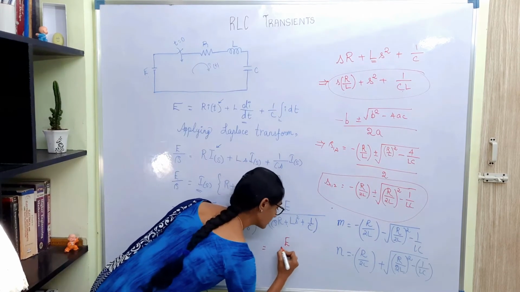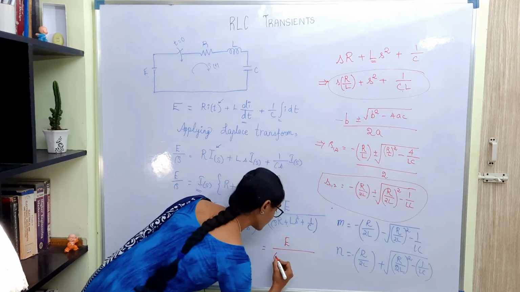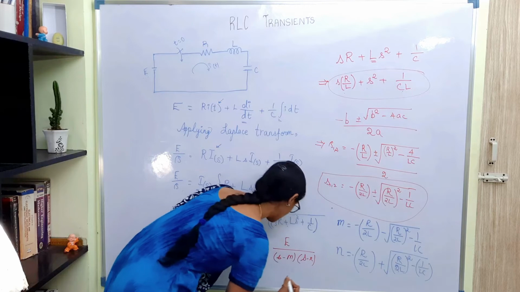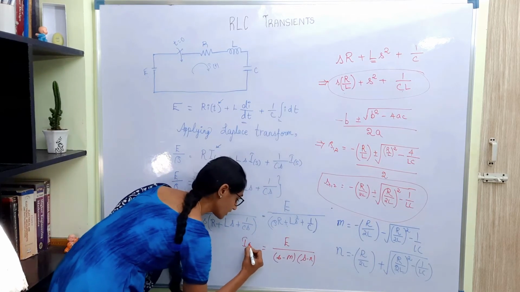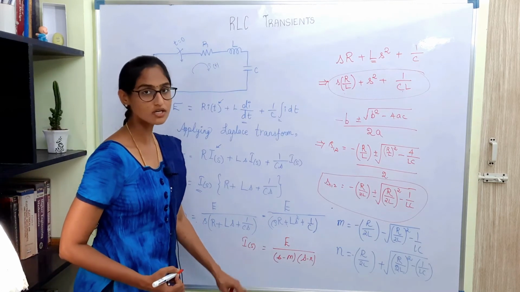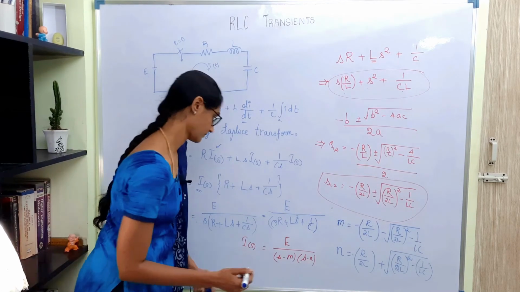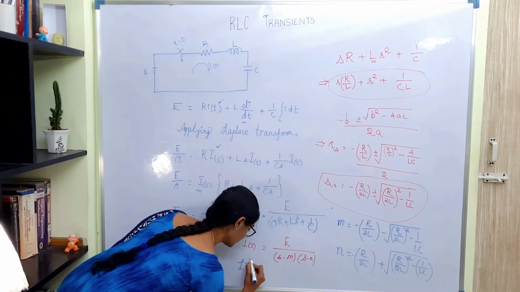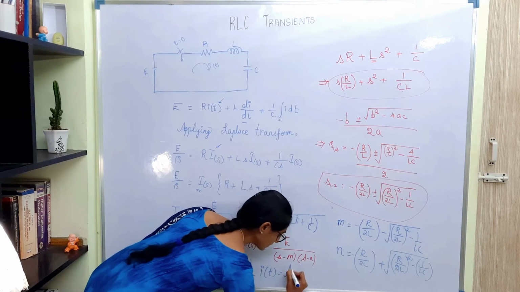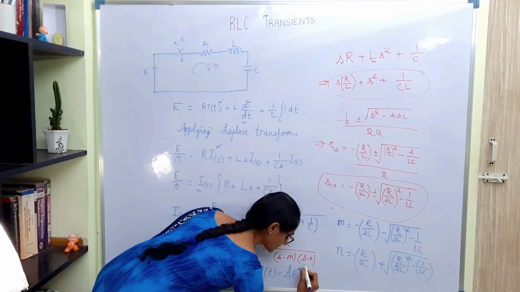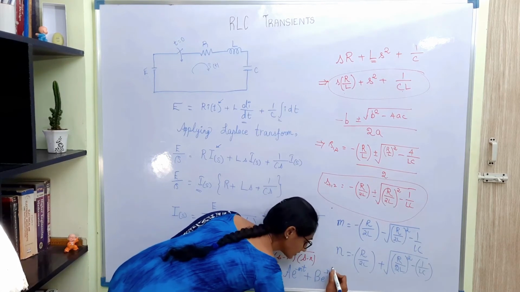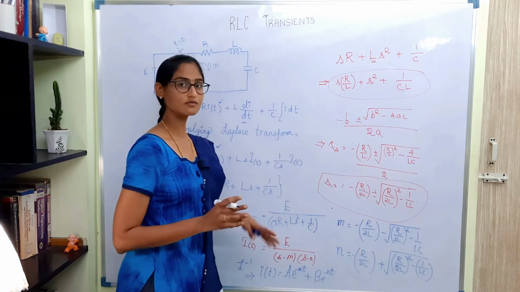We have two roots for this equation, so I am going to substitute them in this denominator, which is equal to e by s minus m into s minus n. So this is the value of the current I of s. To find out the response I of t, we need to take the inverse Laplace transform. Taking L inverse, we will get I of t as a e to the power minus mt plus b e to the power minus nt, where a and b are some constants.